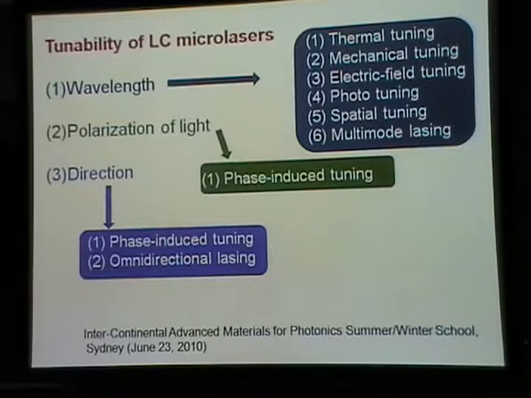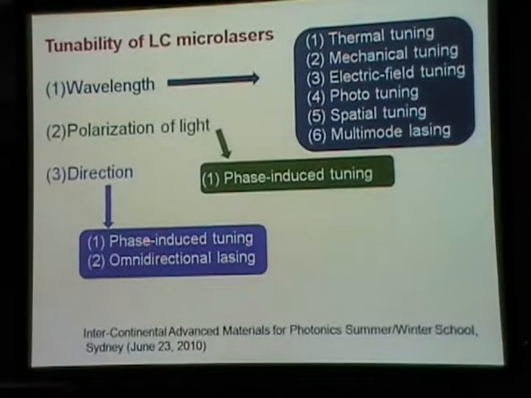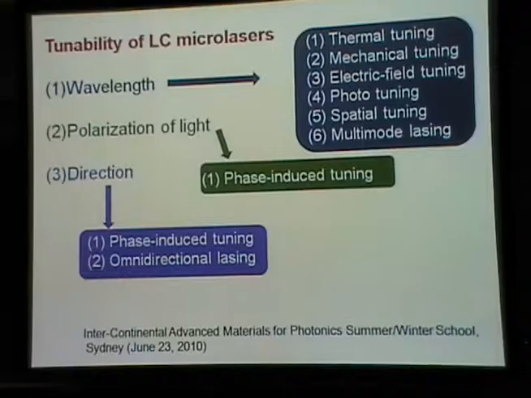So we can change the phase so that we can easily get circularly polarized light, linearly polarized light, and so on. We can also tune the direction. I will tell you two kinds of methods. One is phase-induced tuning, and the other is omnidirectional lasing, so we can laze in all directions. So that's the story of my first lecture.